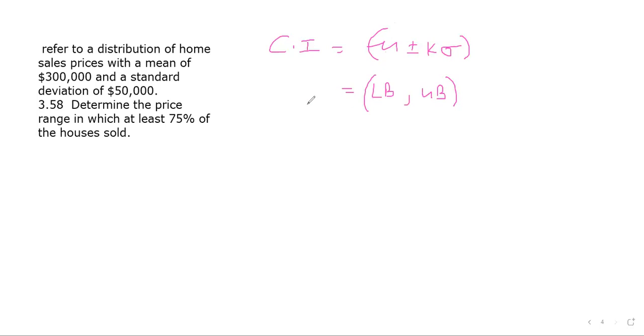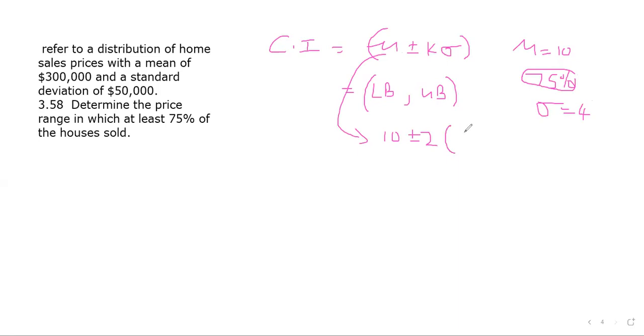Okay. So hypothetically, if I told you that your mean is 10 and we are 75% within about the mean with a standard deviation of 4. So on the mean, we put the 10, the k from 75%, remember our table, we know that 75% is equivalent to 2.